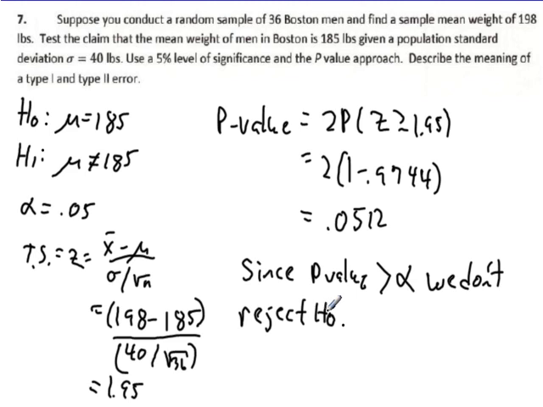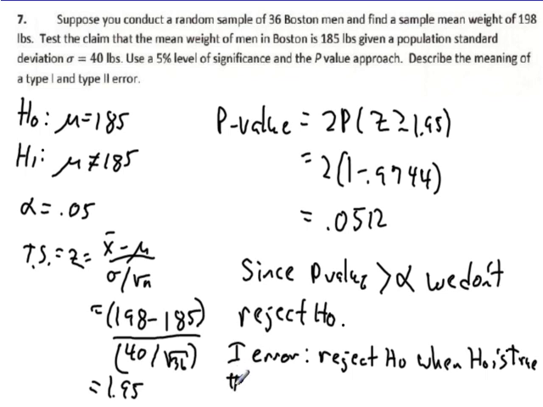And what's the meaning of a type 1 error? A type 1 error would just mean we reject H0 when H0 is true.